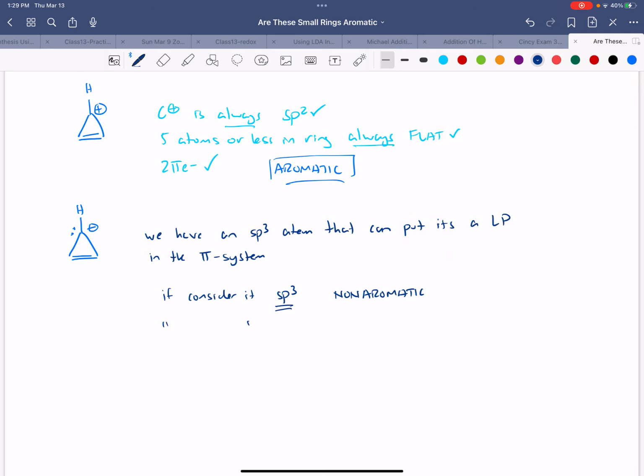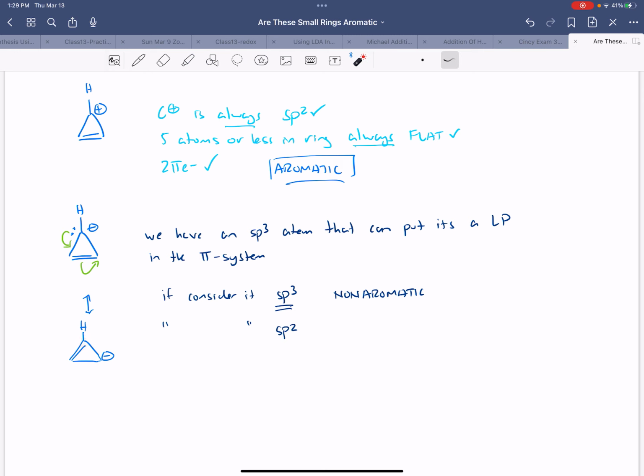But if we consider it sp2, that lone pair is part of the pi system. Okay? And we see that because now that carbon is sp2. You see that? That carbon is sp2. This carbon right here.